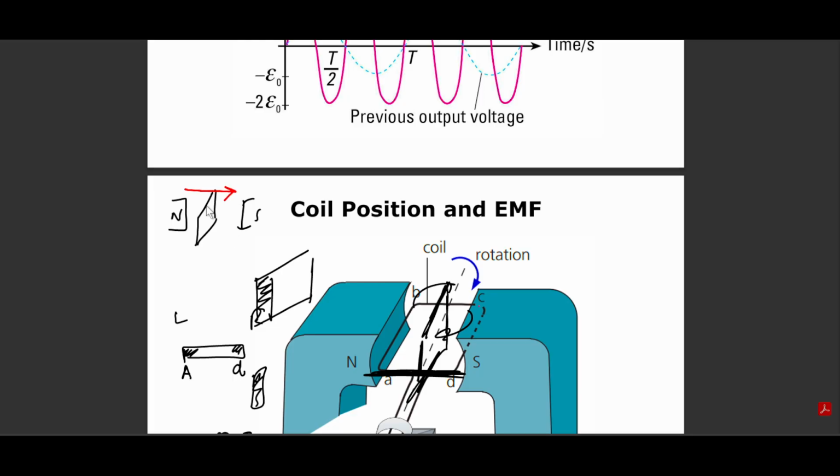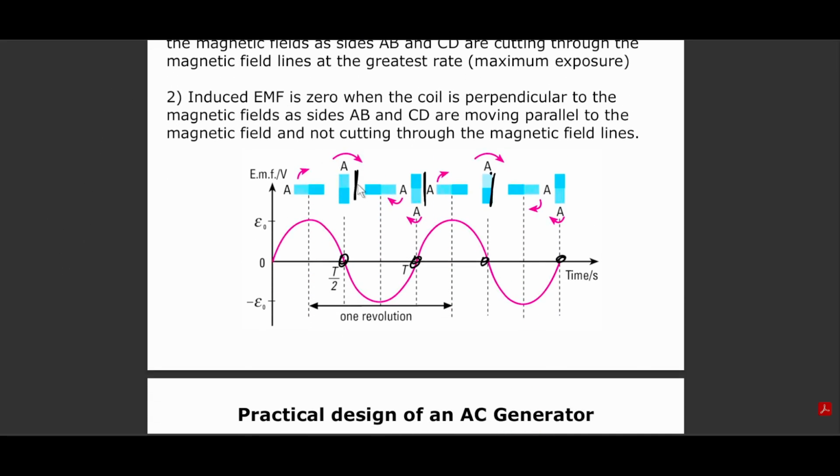During this position, the coil is either moving to the right or to the left based on the rotation of the motor. So the rotation is exactly parallel to the direction of the magnets, which is why the induced EMF should be zero under these circumstances, which is why whenever it's flat, the magnetic field is either this way or this way. It's in exactly the same direction where the coil wants to rotate, generating no EMF.